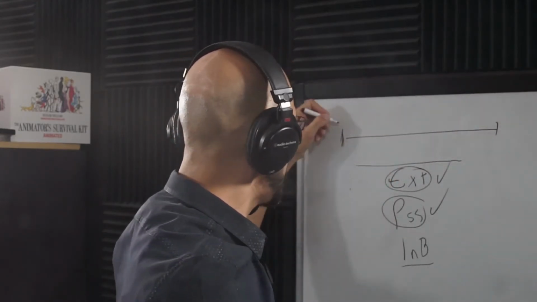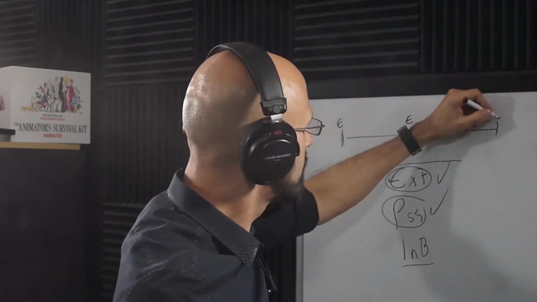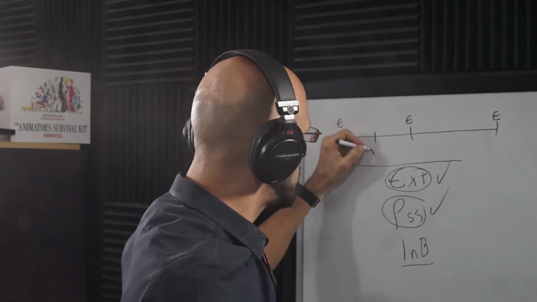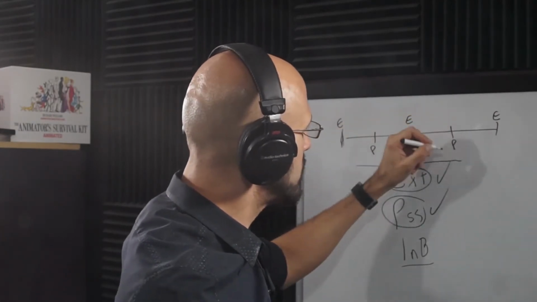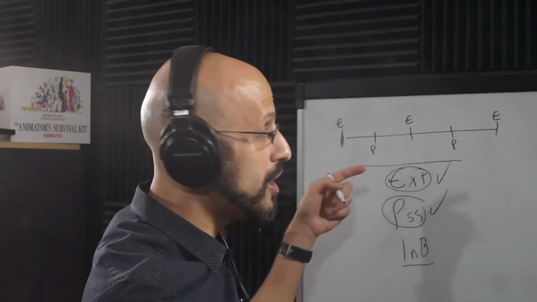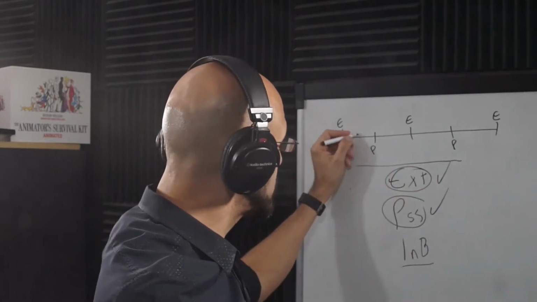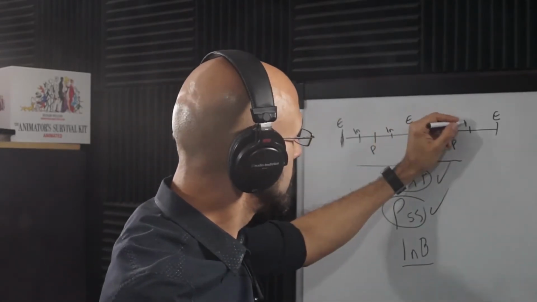So we had the extremes and then we put the passing poses. That's what we just did. Now we're going to put 4 in-betweens that are gonna be in here. All right? And that's it. Super easy when you know what to do, all right? And when you go sequentially pose to pose.